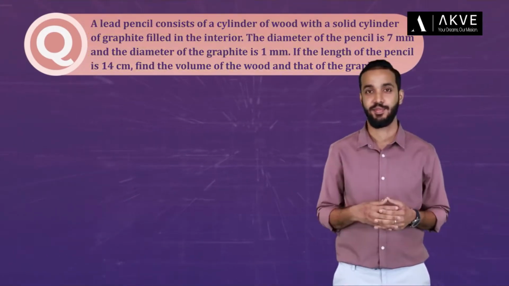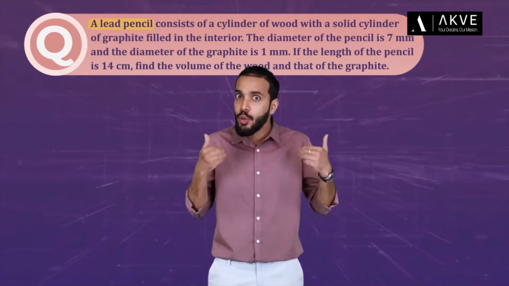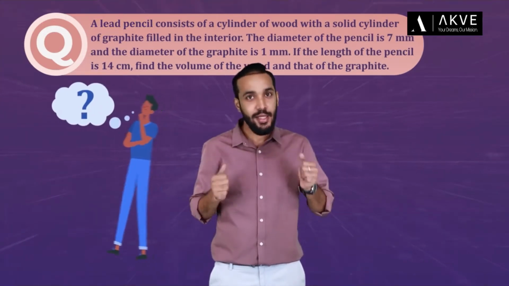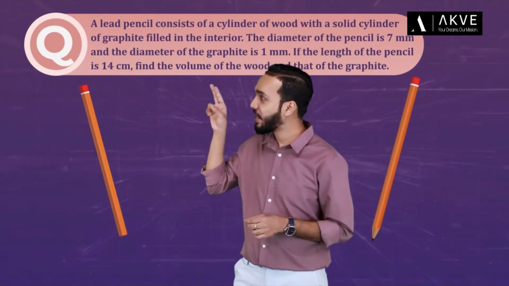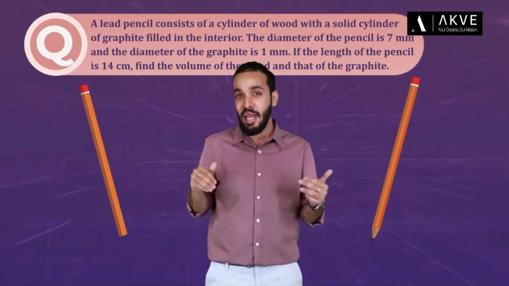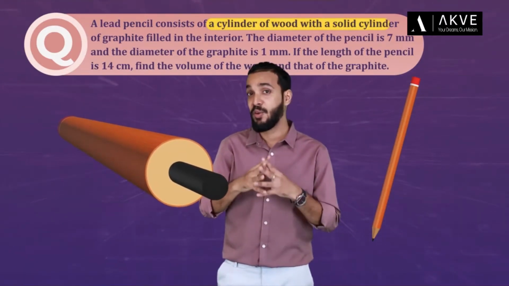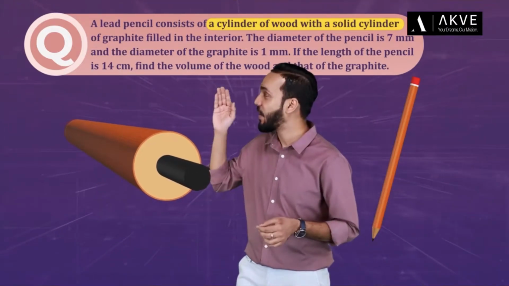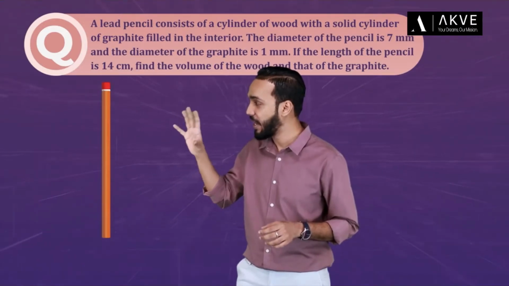Let's discuss. So the question talks about a lead pencil, right? How do you imagine it to look like? Something like this or like this? Well, the question gives the hint. It talks about a cylinder of wood filled with a solid cylinder of graphite. So basically, this is the pencil we are going with.